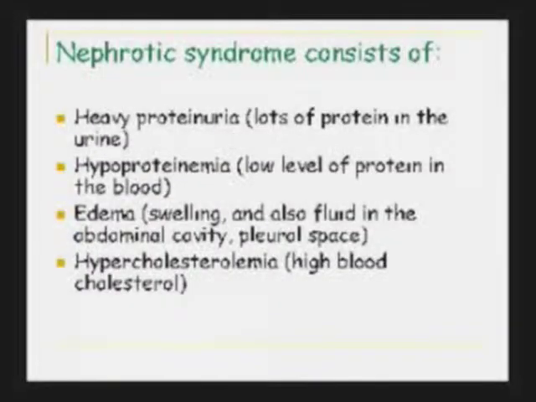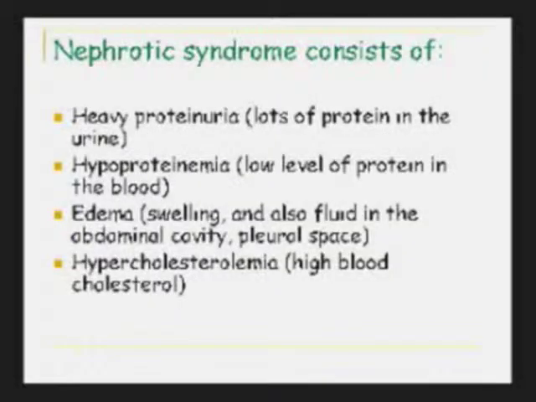Nephrotic syndrome, that constellation of signs and symptoms, consists of heavy proteinuria, which means lots of protein in the urine; hypoproteinemia, where the "emia" means in the blood, so a low level of protein in the blood; and edema, which is generalized swelling, not usually just swelling in the arms and the face, but often fluid in the abdominal cavity and in the pleural space, the space around the lungs, not in the lungs themselves.